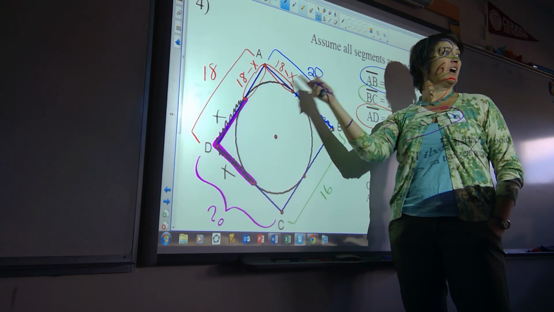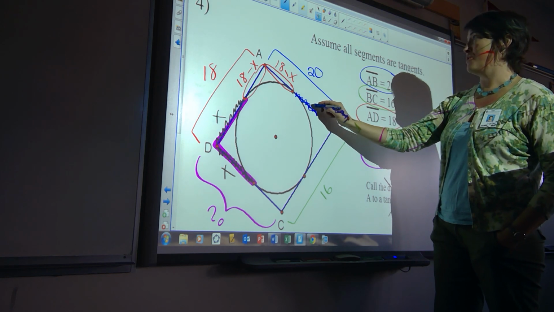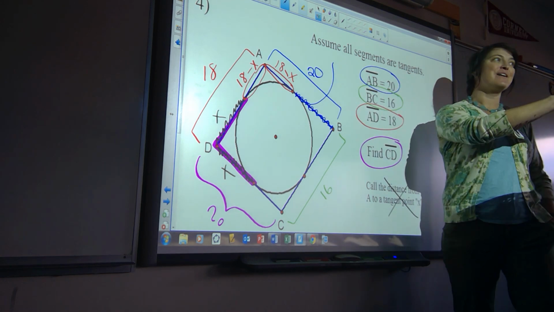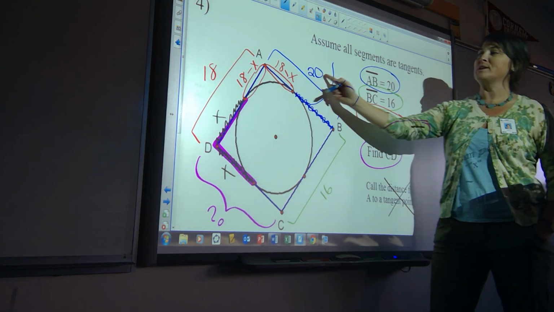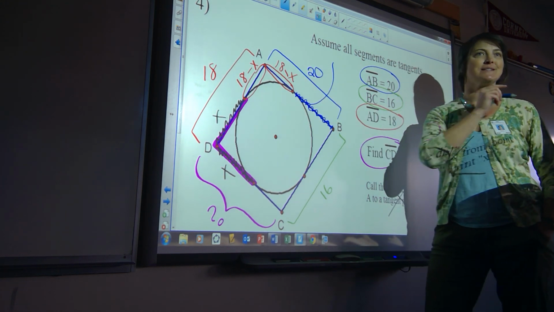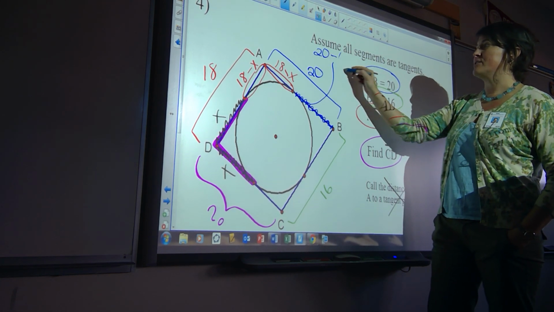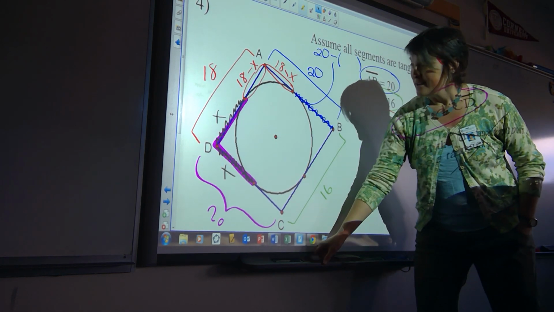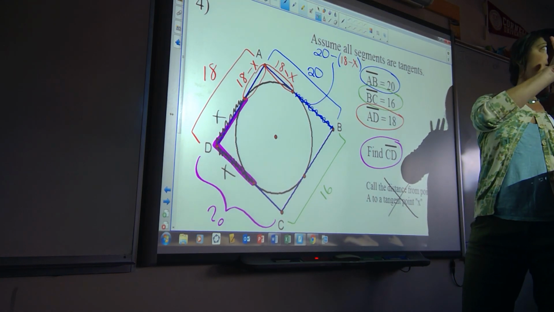Which one of these is bigger? We really all have to wrap our heads around this at the same time. Which one of these things is bigger, the 20 or the 18 minus x? The 20 is the bigger piece, and we have to take away the red piece, right? Now I have to take away the 18 minus x, which is an entire quantity.